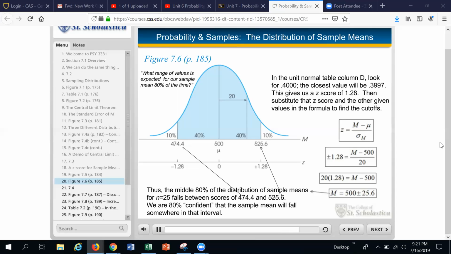So we conclude that the middle 80% of the distribution of sample means falls between scores of 474.4 and 525.6. And the answer to the original question is that in the sample of 25 students, their average SAT score is likely to be somewhere between 474.4 and 525.6, remembering that we defined likely as the middle 80% of the distribution.